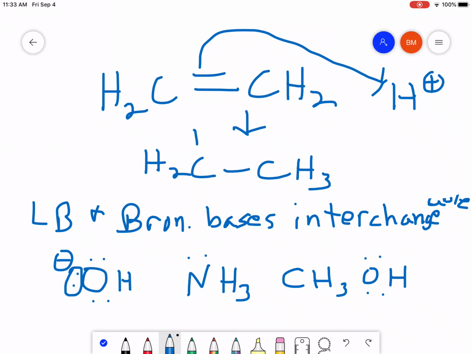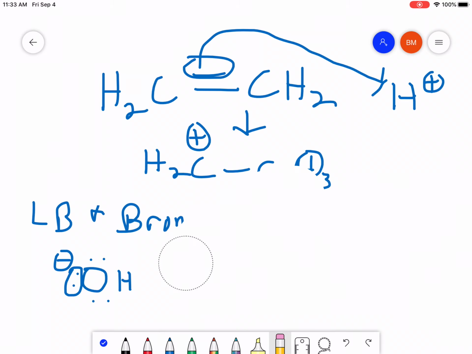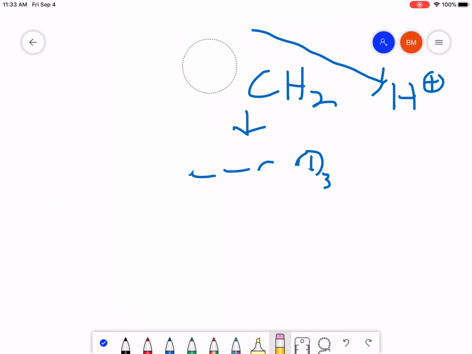You could end up with something like that, and the extra hydrogen would be on this carbon attached by these electrons that were donated. So that's a nice, easy part of the Lewis definition. If something's a Bronsted base, you can automatically classify it as being Lewis and vice versa.